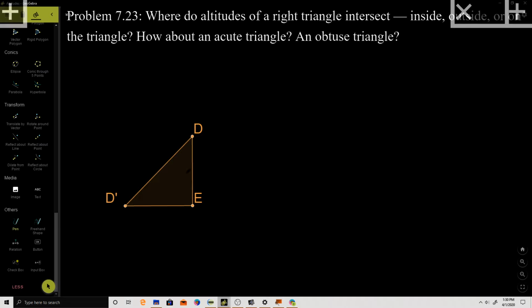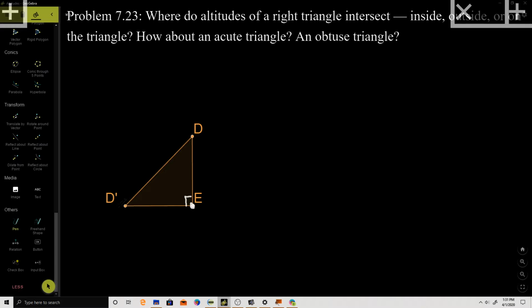That's weird. Whatever. Alright. Let's take the vertex D. And I draw the line perpendicular to the base. So the base would be D prime and E, which is just the line DE, since that makes a 90-degree angle. So our first altitude, DE, the altitude ends up at E.